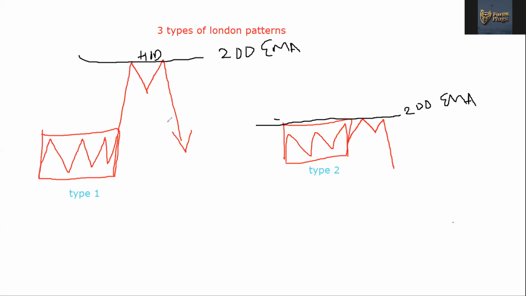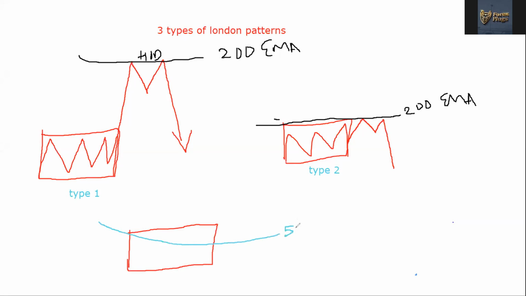With the type 3 of the London pattern, we'll be coming from a peak formation. Then the dealer also respects the high and low of the Asian session. But in this case, we would have the 50 EMA crossing almost at the mid-range of the Asian box.